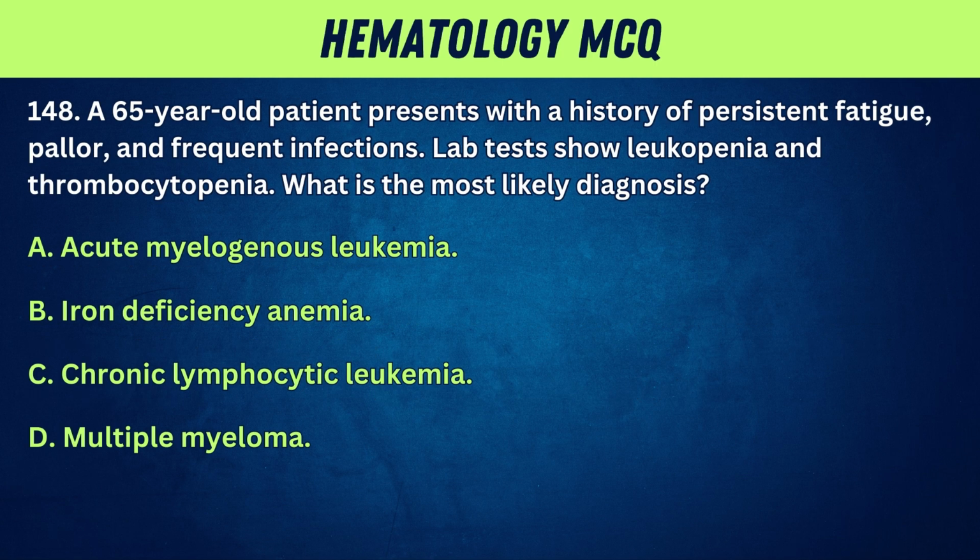148. A 65-year-old patient presents with a history of persistent fatigue, pallor, and frequent infections. Lab tests show leukopenia and thrombocytopenia. What is the most likely diagnosis? A. Acute myelogenous leukemia. B. Iron deficiency anemia. C. Chronic lymphocytic leukemia. D. Multiple myeloma.